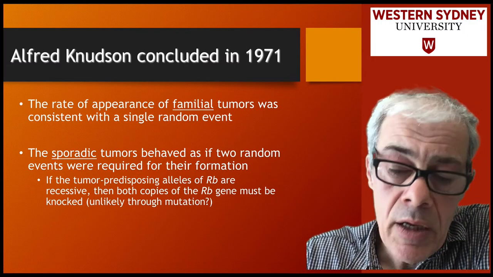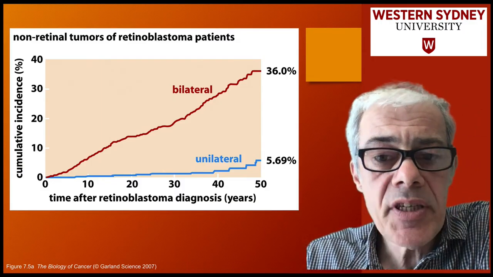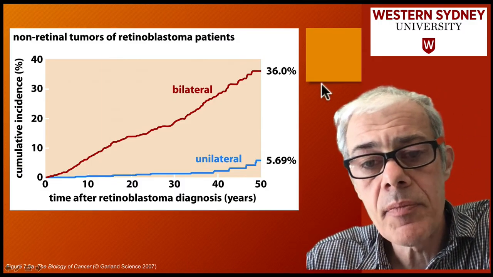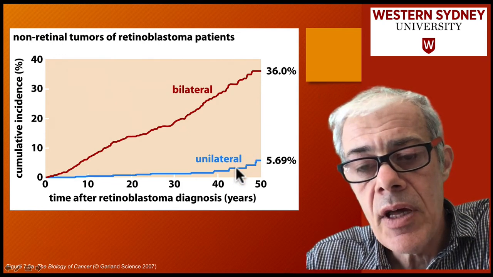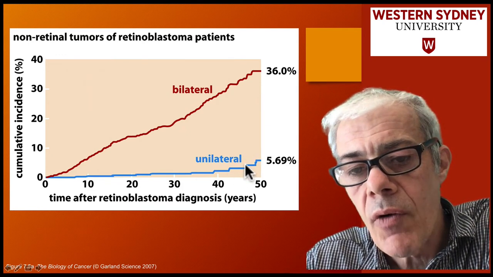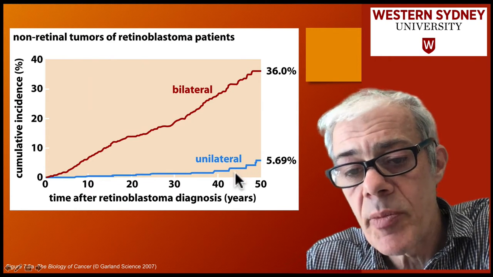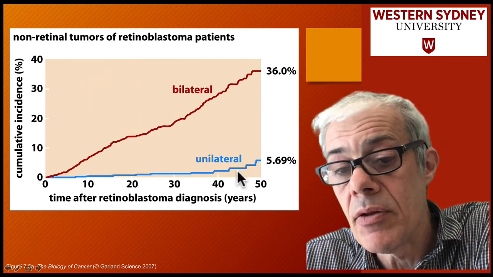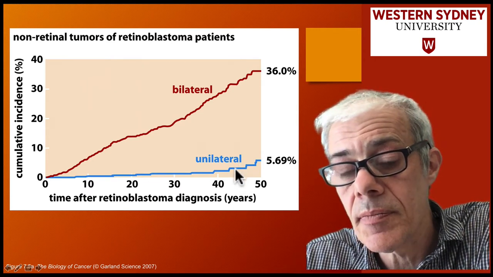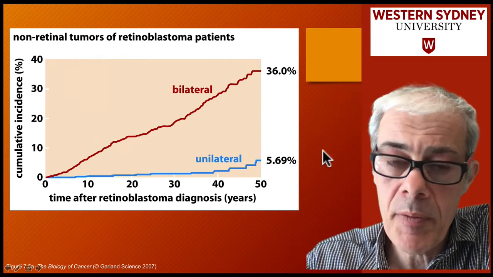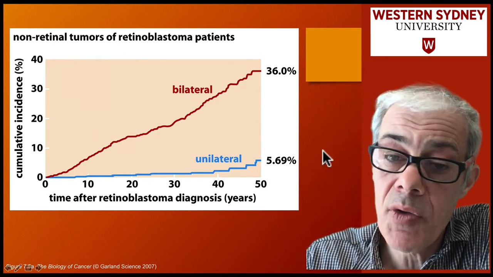So how is it in these individuals that both copies of the retinoblastoma gene were knocked out through somatic mutations? It's such a rare thing to knock out both copies.